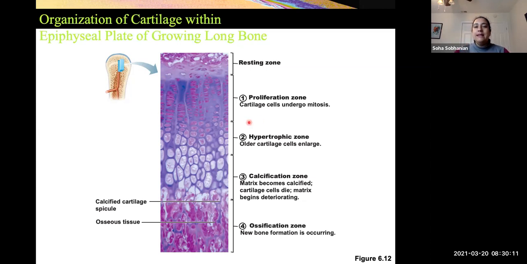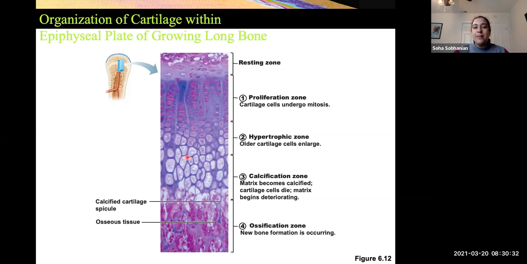Now, the next area we have, number 2, is called the hypertrophic zone. This is basically where the tissue is starting to deteriorate. They're starting to basically destroy themselves. It's the beginning of the end for the cartilage tissue.